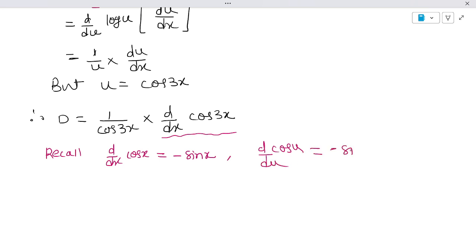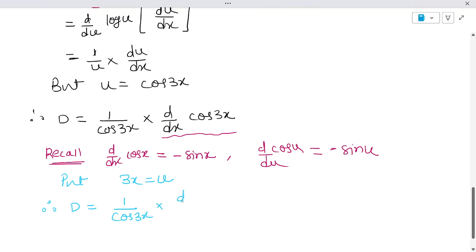It will be minus of sin u. So here put 3x is equal to u. So therefore this d is equal to 1 upon cos 3x into d by dx of cos, instead of 3x we write here u.